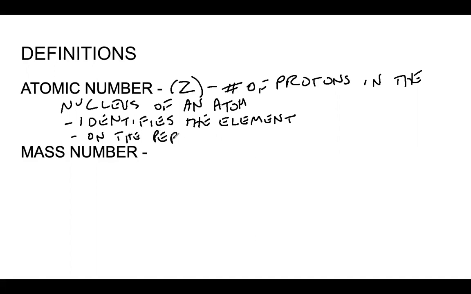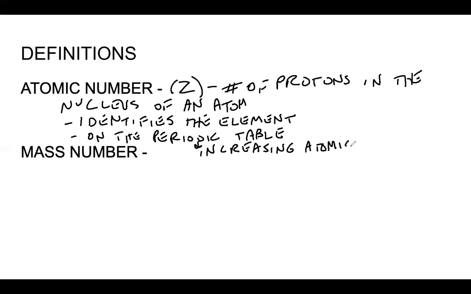If you have a periodic table that just has symbols, then it's not on it, of course. But most periodic tables have the atomic number. And in fact, the table is organized in terms of increasing atomic number.